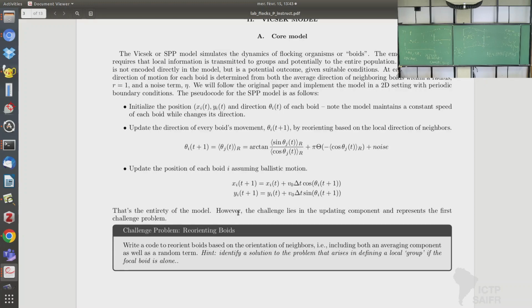So it's just the Cartesian metric distance, the usual square root of x squared plus y squared, right?